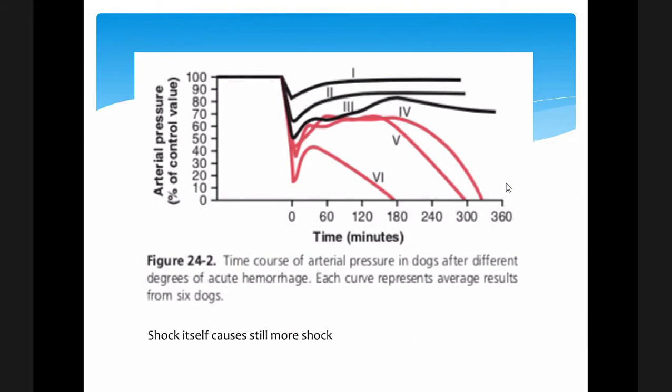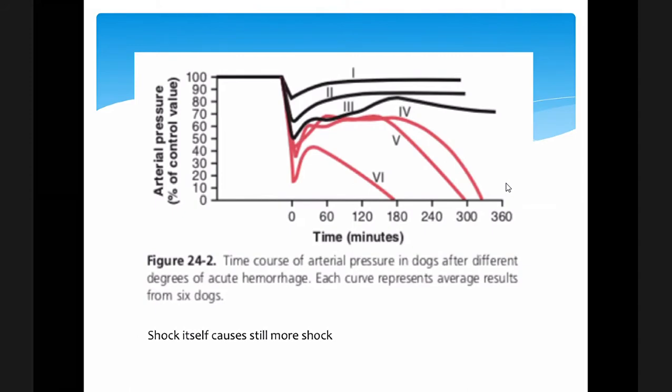Pinag-experiment nila. So, in anesthesia, and then, kinuha ng dugo. So they found out that dogs 1, 2, and 3, the blood pressure didn't go beyond 50 millimeters mercury.